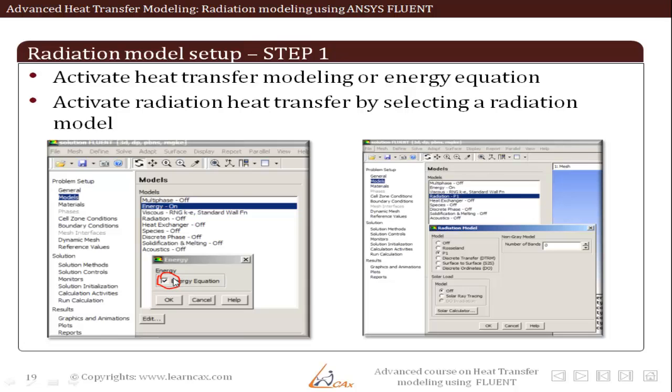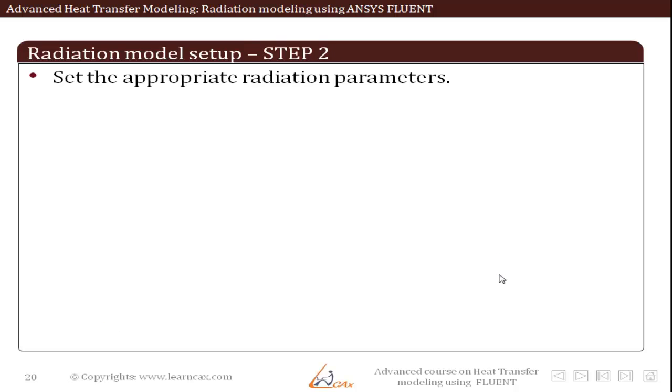So we activate the energy equation here. That is done here. Then we go to the radiation panel, which is done by clicking on radiation, which is given here, and we use any of the radiation models that are shown here. In the second step, we set the appropriate radiation parameters.